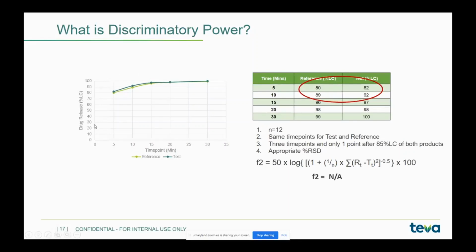And when you have a formulation like this that is really fast releasing, and you have the data to show that you've investigated the agitation rate, the media, all the things that were in the slide above, and tried to retard that release as much as possible, and if you can't do that, then there's definitely a position that perhaps drug release rate or dissolution is not a critical quality attribute for that product.